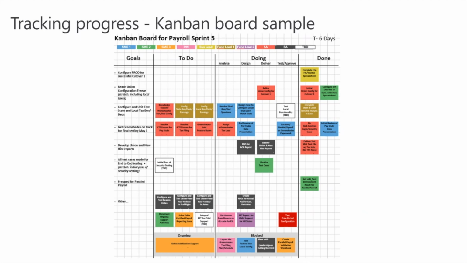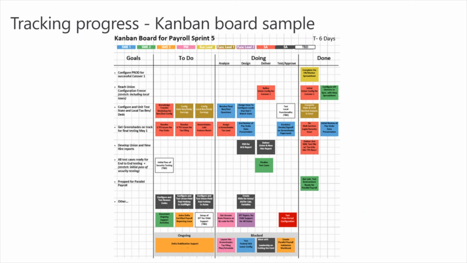And each of those boxes or post-it notes may represent ten subtasks underneath in DevOps. You're not trying to do this at that level. You're trying to say, at the level of a sub-process, what is it I've got to deliver? You've got a to-do list, things that you're actually doing, and then the done list.